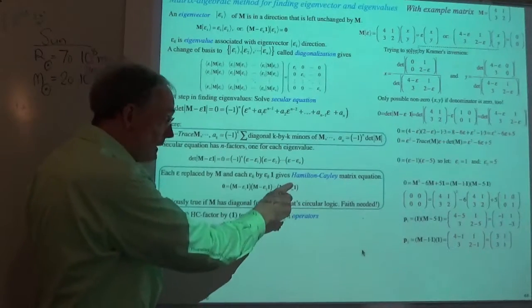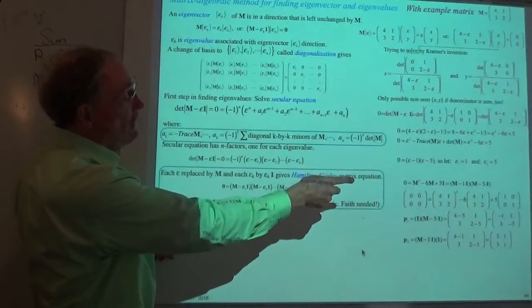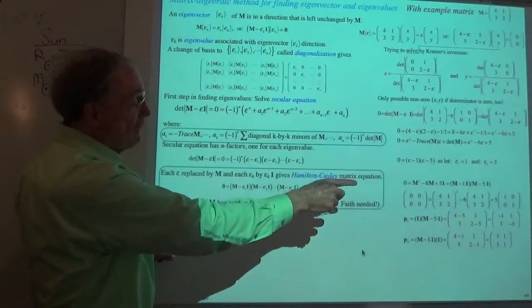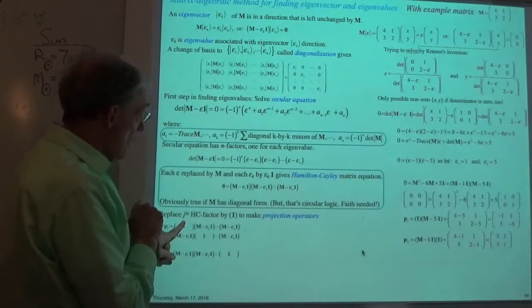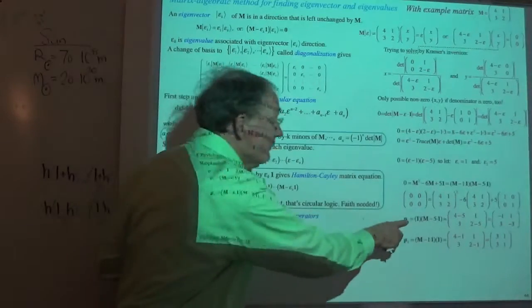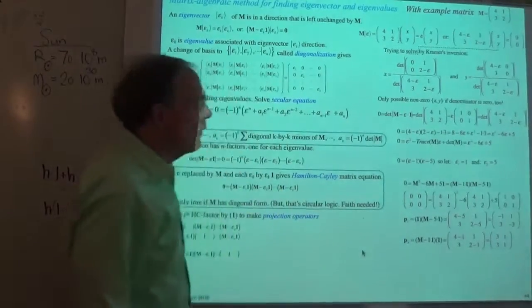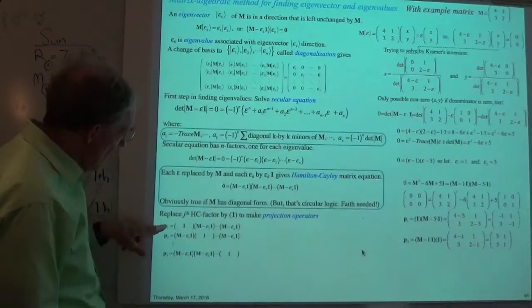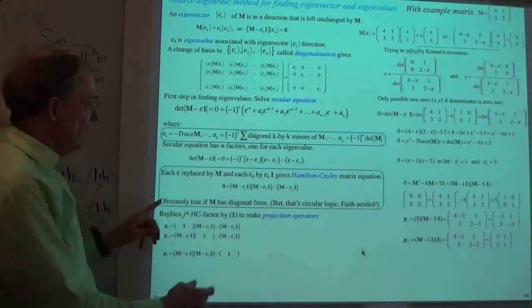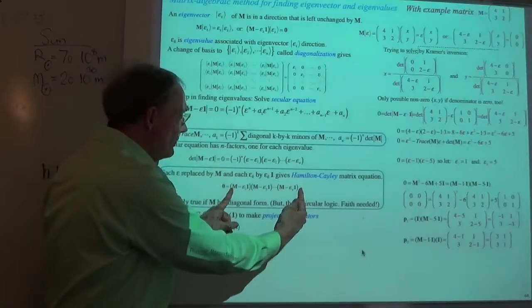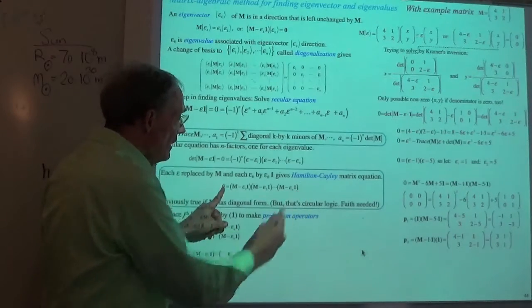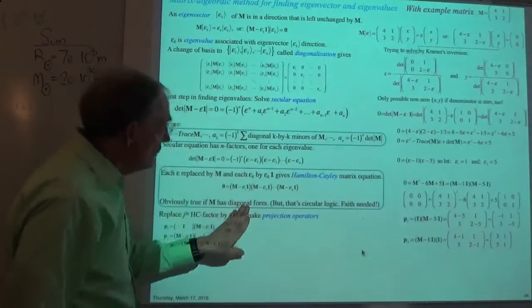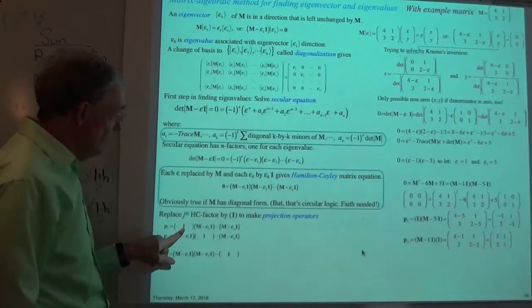In an n by n matrix; in our little thing there we only got 2 factors, so I'm going to only have 2 of these. I call them proto-projectors. You'll see what that means in just a minute. Here I have n of them. And what I've done is I've taken this equation, which comes out to be a 0 matrix, and pulled the first factor out and just replaced it by a unit matrix.